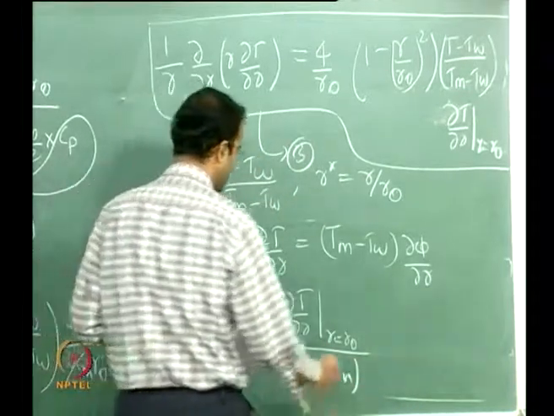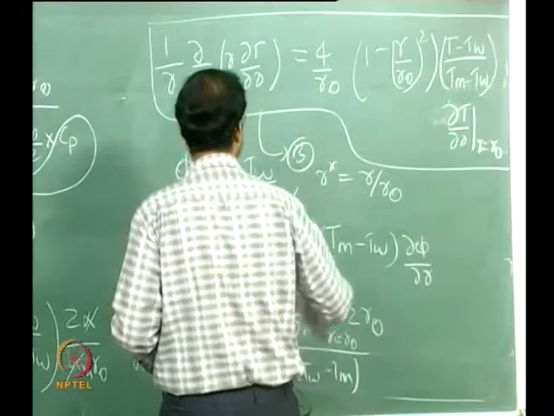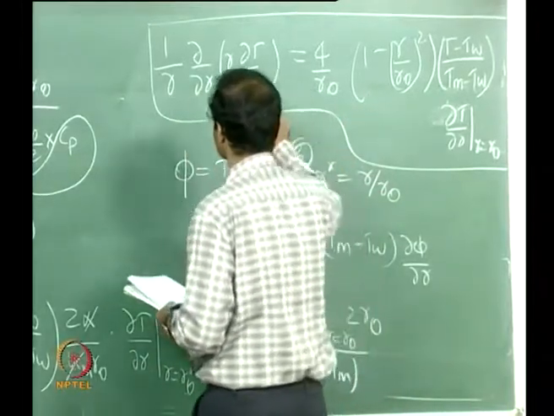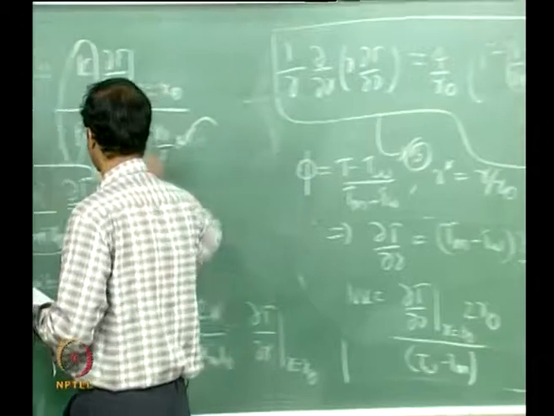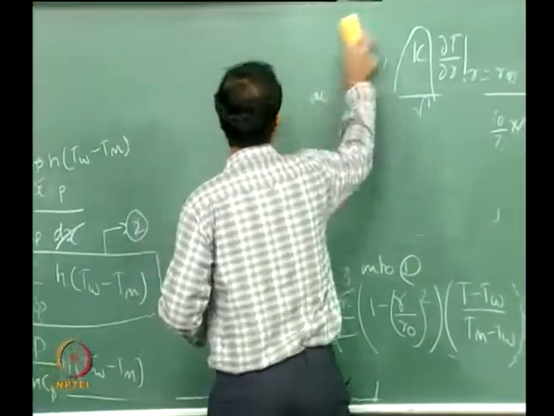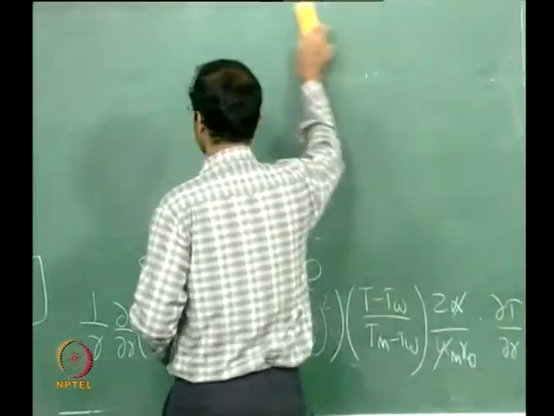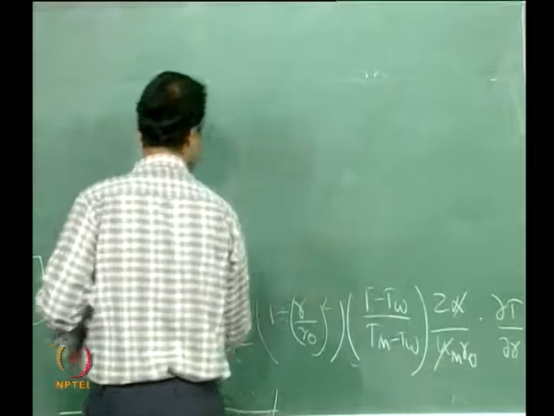The diameter is nothing but twice r naught. If you use these expressions and substitute into this governing equation 3, I request all of you to do that and tell me what will be the final non-dimensional equation for phi in terms of phi and r star.